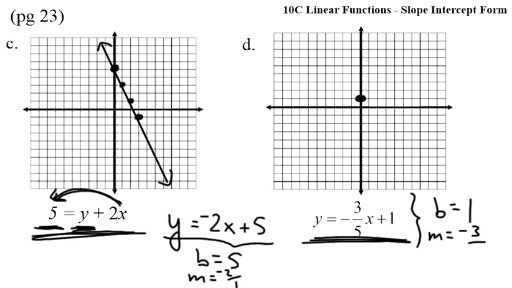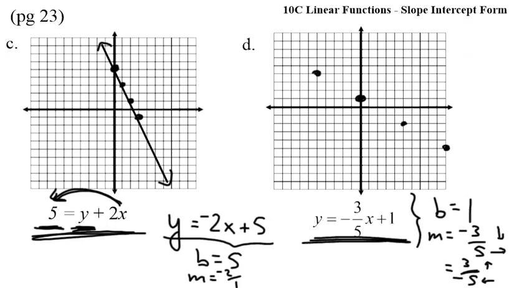It doesn't matter where the negative goes. You can put the negative in either position. You're either going to go 3 down, 5 right, or you're going to go 3 up, 5 left. Either way works. 3 down, 5 right, or 3 up, 5 left.